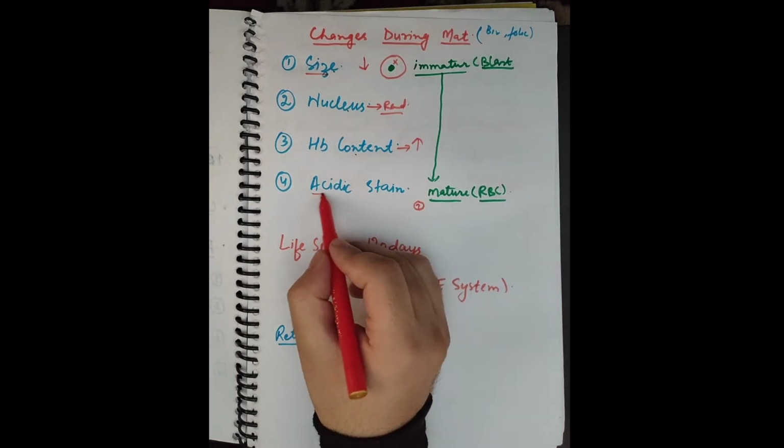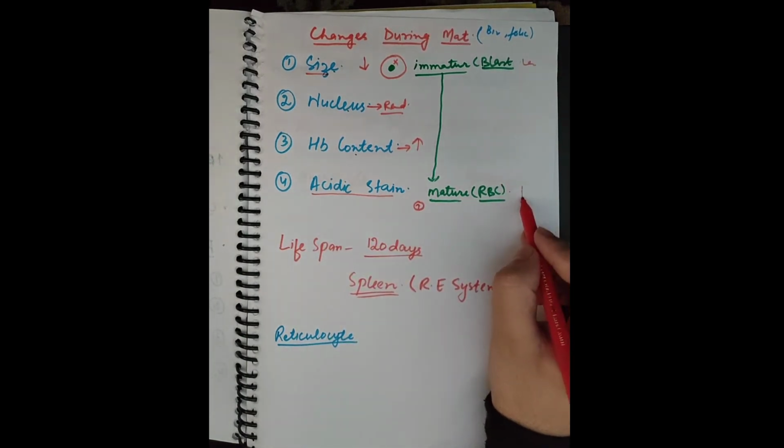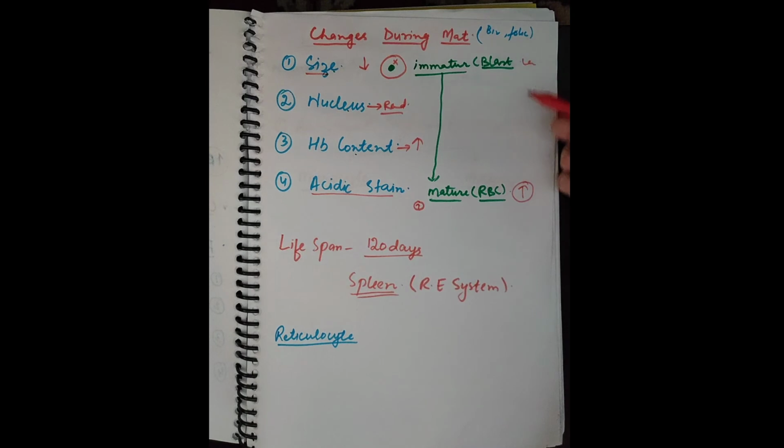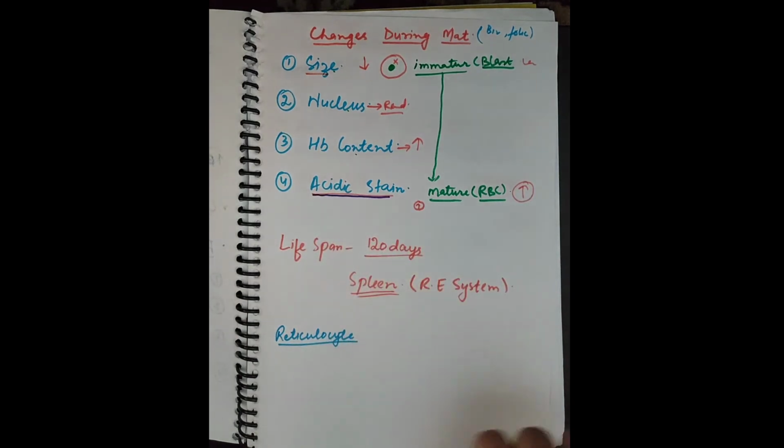So the immature cell will take less acidic stain, and the mature RBC will take more acidic stain. These are the 4 changes that happen during the maturation of RBC. The size decreases, the nucleus is lost, the hemoglobin content increases, and the acidic character of the cytoplasm continuously increases.